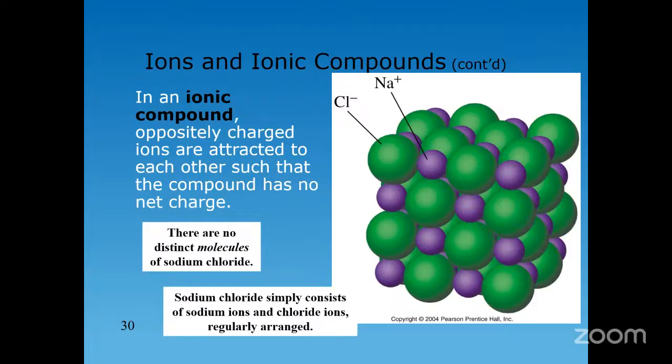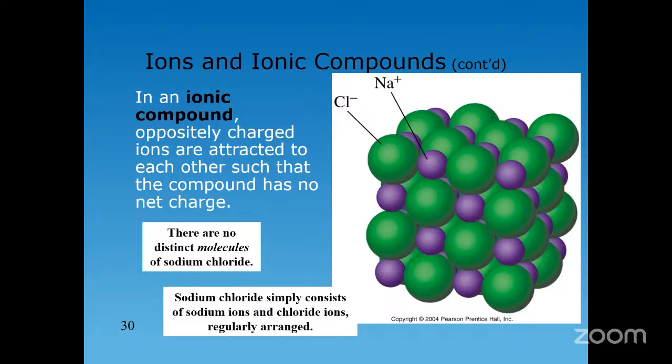As a result, you won't have any discrete units of a particular ionic compound. To use the example of sodium chloride, there are no discrete sodium chloride units, as in the case of molecular compounds, where you can have an H2O molecule or a CO2 molecule, with a discrete unit where you can determine how many atoms are present for each element per molecule. In the case of ionic compounds, you don't have that.